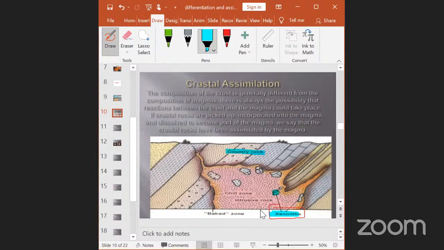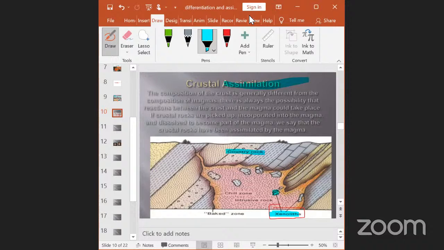So this process in which wall rocks are incorporated into the magma is called assimilation, right? Assimilation. Because assimilation is accompanied by crystallization, it is likely that both fractional crystallization and assimilation will take place simultaneously.